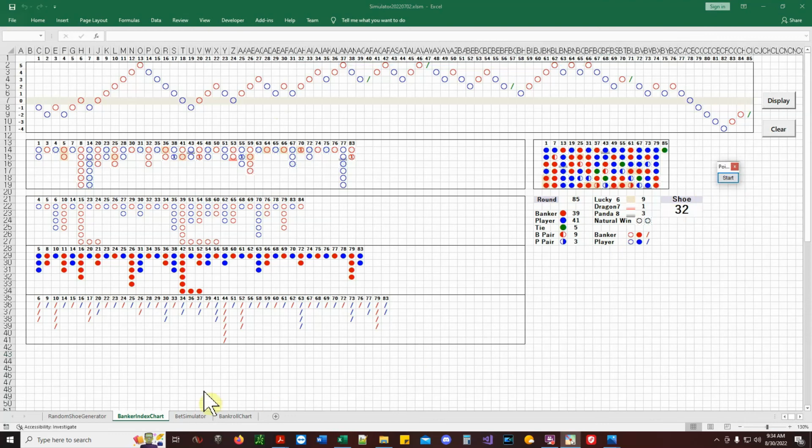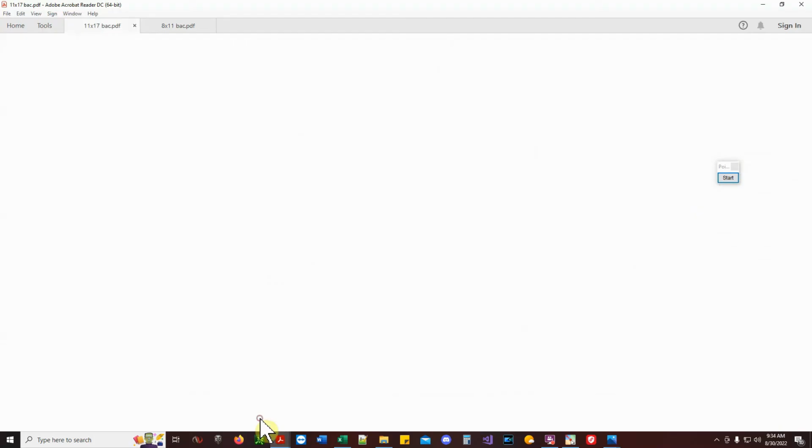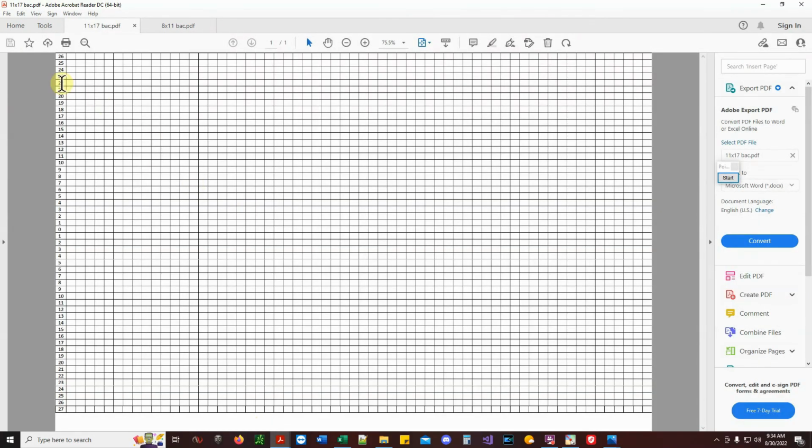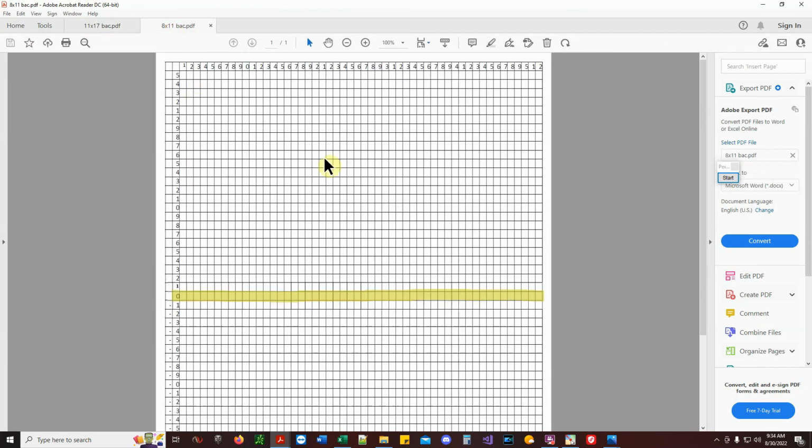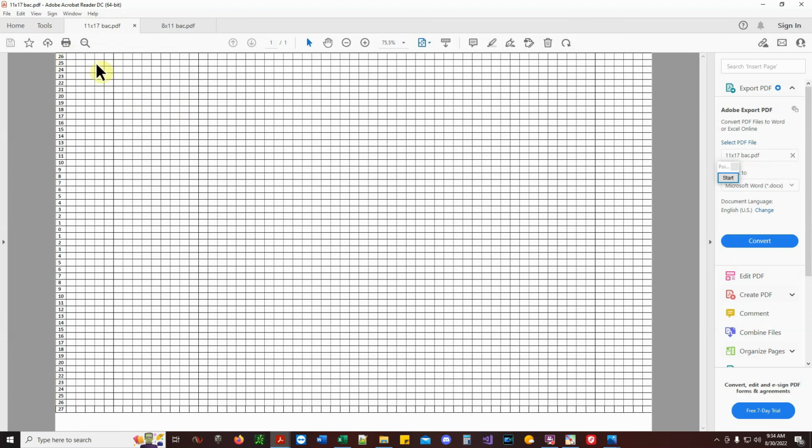This PDF sheet is a sheet you can use in the casino, whether you want to use the 8x17. Is that it? 8x17? No, 11x17 or the 8x11. 11x17 is just going to give you a couple more plays. I think it goes up to like 62, 63 across, which might be a little better.